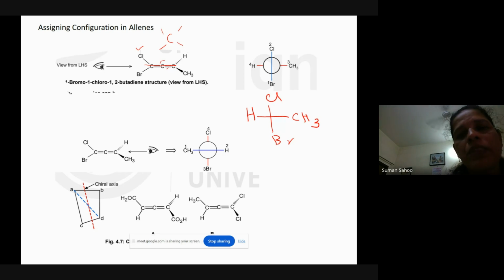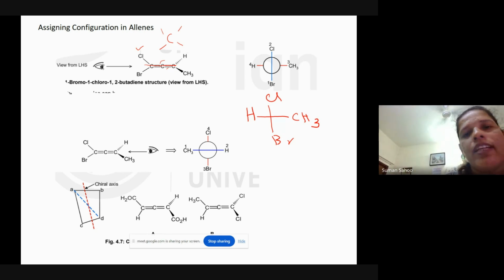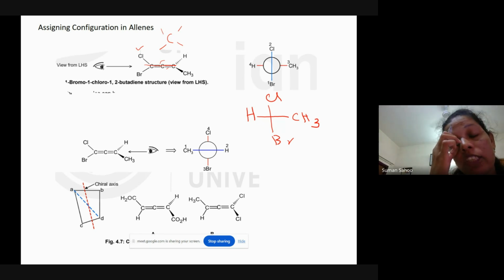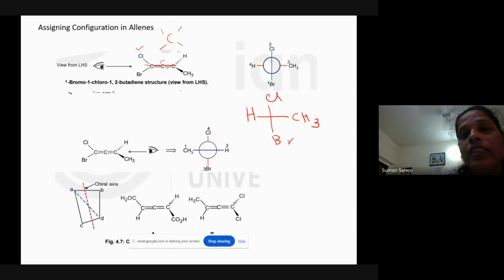Next comes giving priorities. In case of alkenes or whichever stereoisomers have a chiral axis, you do not give the priorities as a whole. You first put priority on those substituents which are in front. So these two substituents are in front.